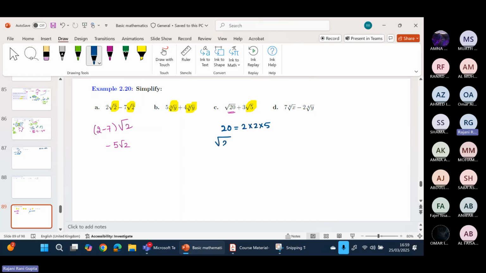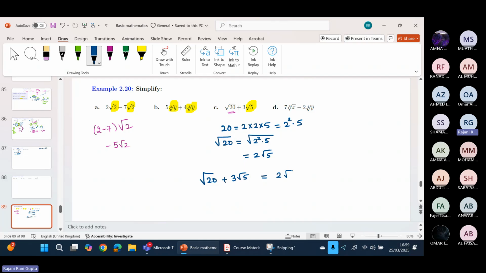So root of 20 is root of 2 power 2 times 5, so it gives you 2 root 5. So your question, root 20 plus 3 root 5, becomes 2 root 5 plus 3 root 5. That gives you 5 root 5.